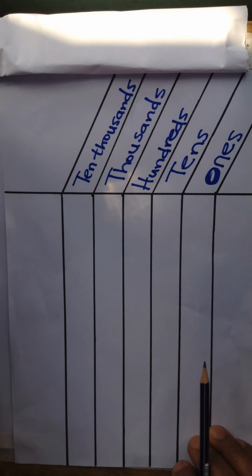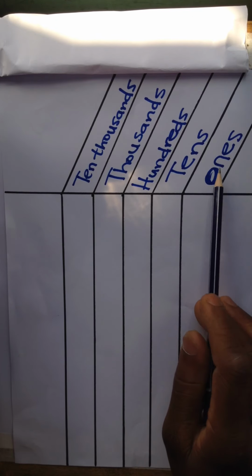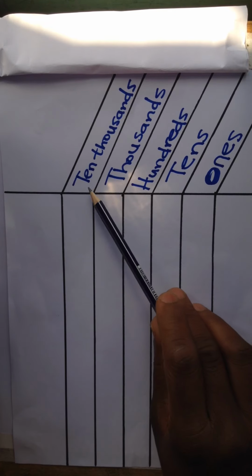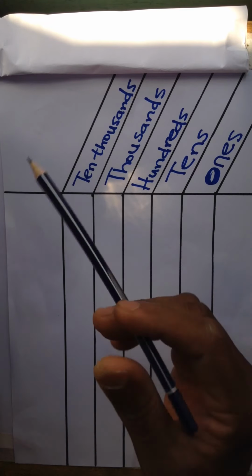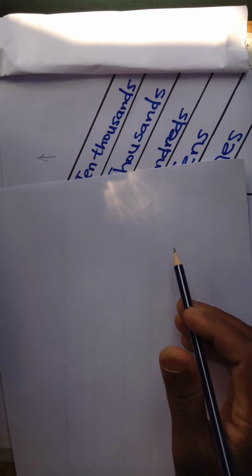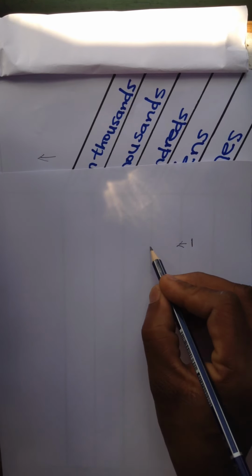So this is a place value chart, and in a place value chart we have ones, tens, hundreds, thousands, tens of thousands. This can go on, but for now we are stopping at tens of thousands. Basically, numbers usually start with ones, and as we move to the left we go to tens, okay?